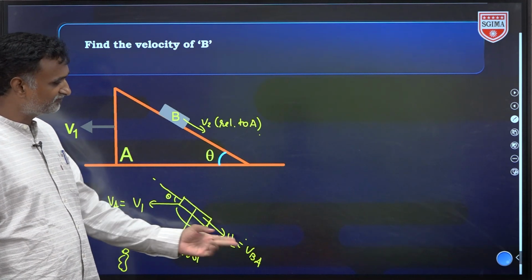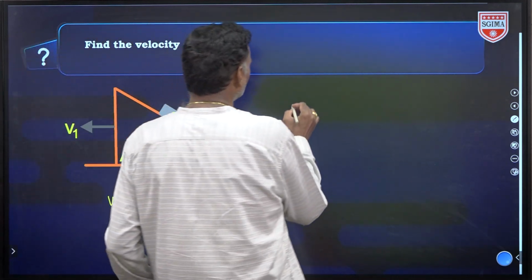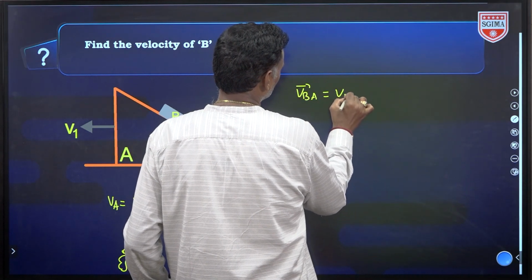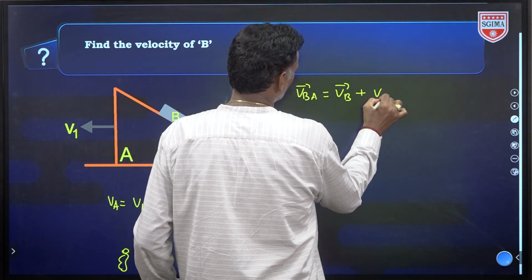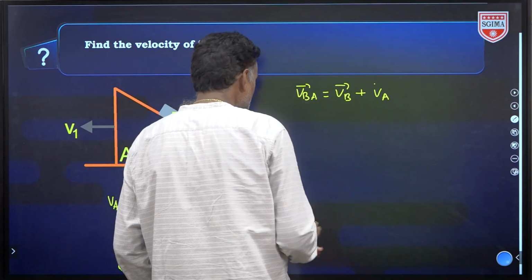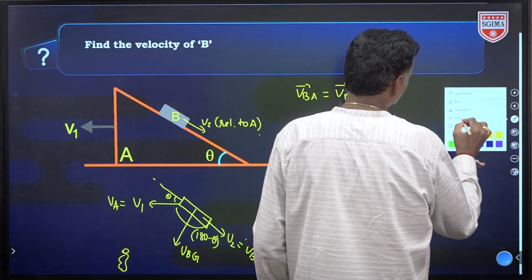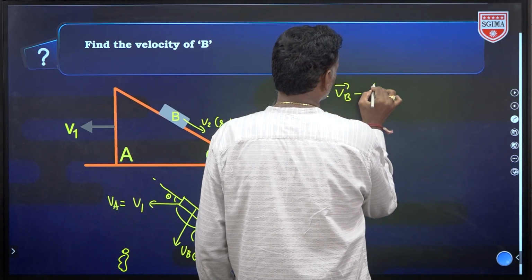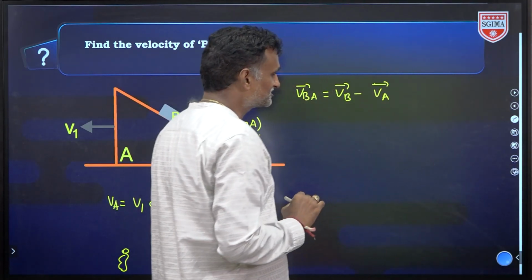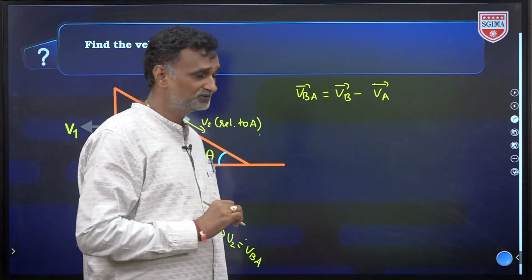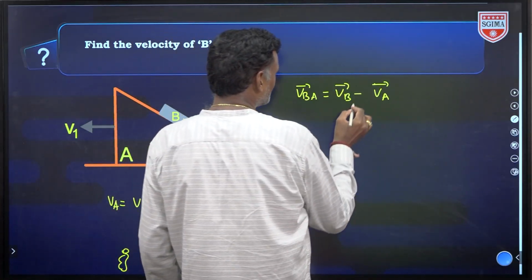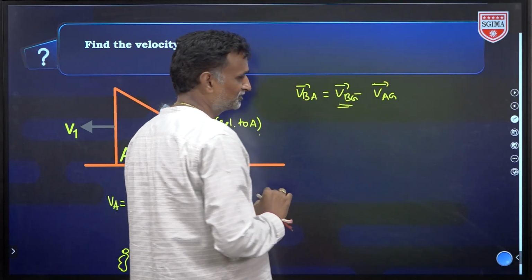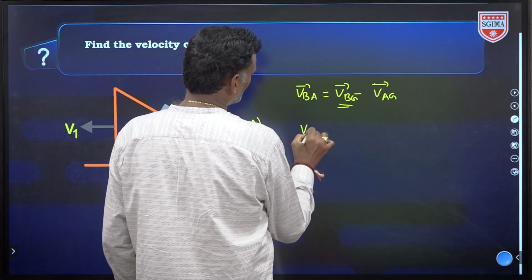Otherwise we can just take VBG. So you can write the velocity of B with respect to A equals VB minus VA, not VB plus VA. Relative velocity is always defined for a two-dimensional system as VB minus VA. Okay, these are defined with respect to the ground only, right? We want the pure velocity with respect to the ground.